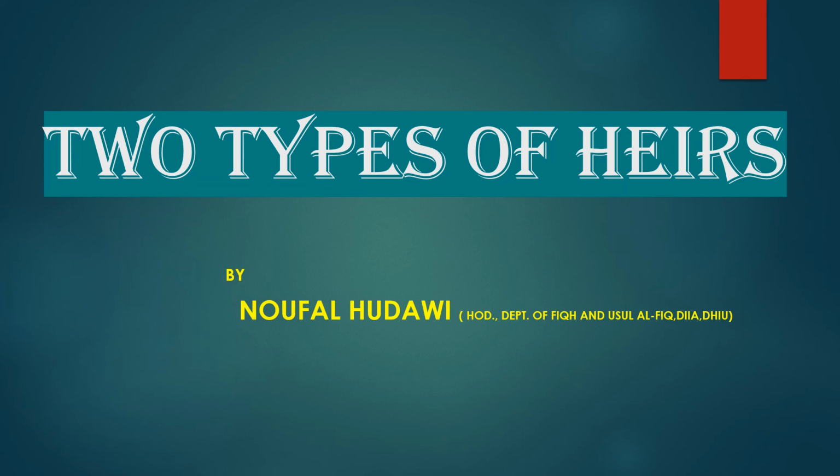So in the last class we have discussed in detail the legal heirs in Islamic law of inheritance. In total there are 15 males and 10 females, 25 members of the family who will inherit from a dead person, not 26. Please be confirmed about it.